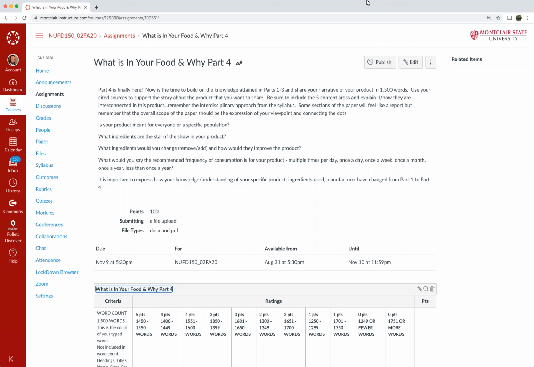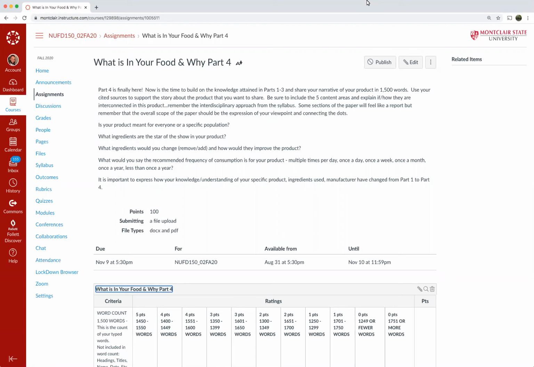So, this is you sharing your opinion backed by peer reviewed articles, by facts that you find about companies from the company website or a business directory or wherever the information came from. This is the time for you to share with, I'd say, the world, but this is your time to share with the class through this paper your viewpoint on this product.